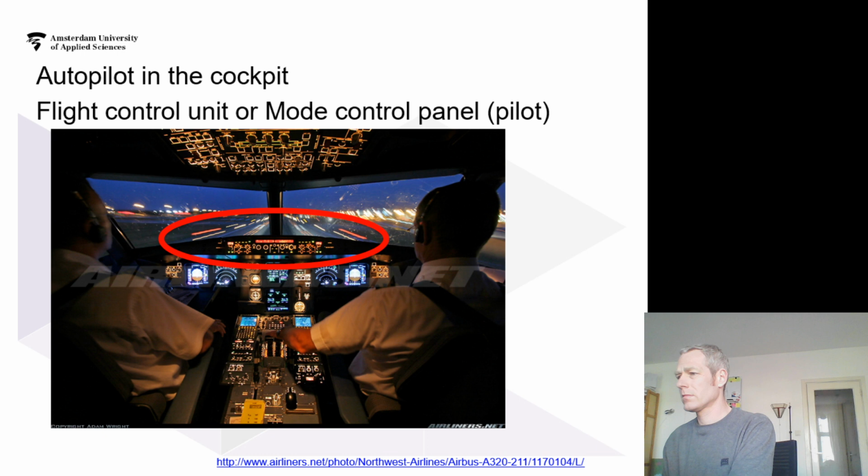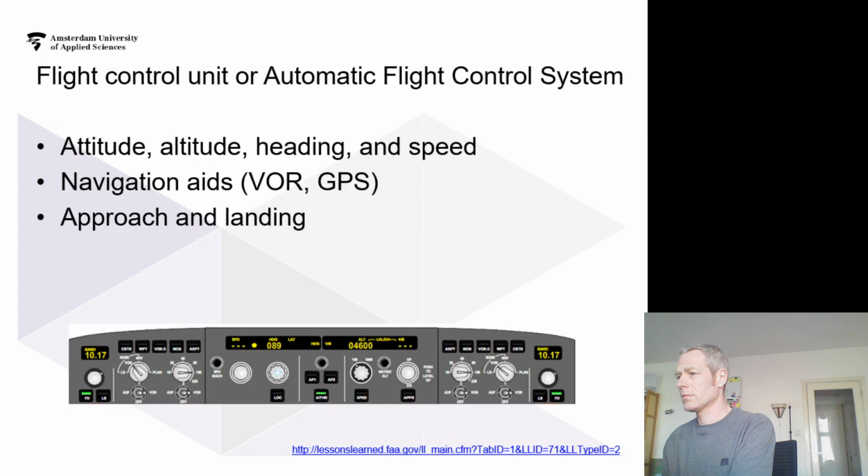Nowadays, we see a lot of automation in the cockpit, and one of the most common things, of course, is the autopilot, although there are many systems that have a different control system attached to it, like the cabin pressurization and the heat. But the autopilot is one of the control systems that speaks most to the imagination. Here we have taken out this panel, and the flight control unit, or the automatic flight control system, can do many things.